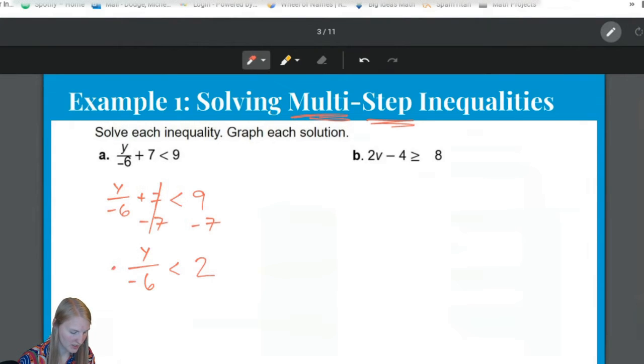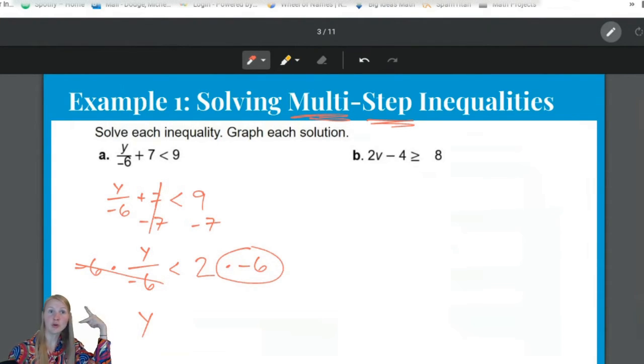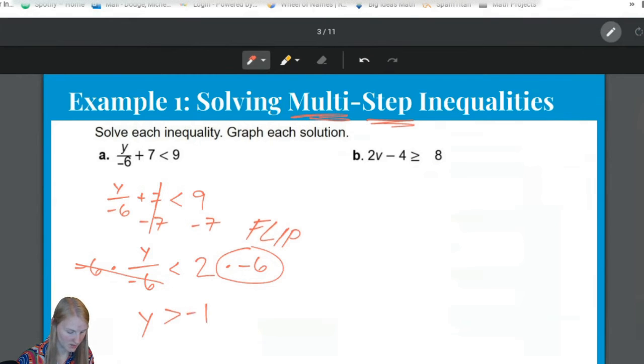We want to get rid of the -6, so we're going to multiply by -6 on both sides. That'll go away over here. So we have y. Oh, wait, we multiplied by a negative number. You know what that means? It means flip. So y is greater than 2 times -6, which is -12.